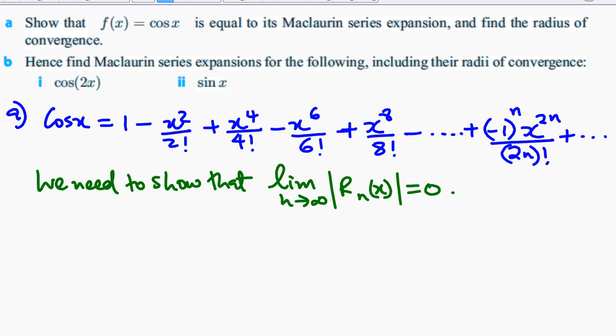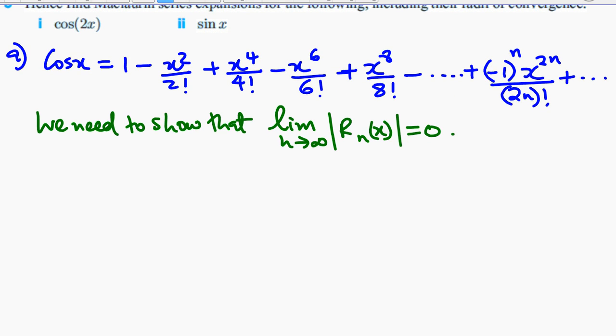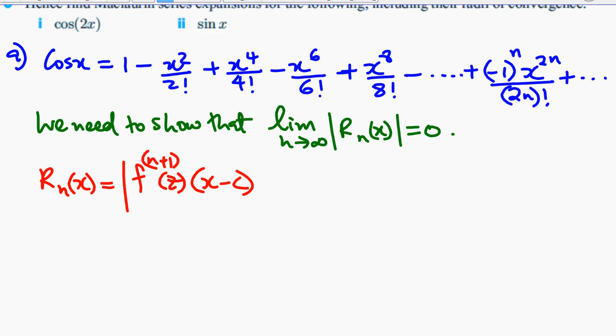So what you're going to do is write an expression for the remainder term. The remainder term is given by the n plus 1 derivative of f at z multiplied by x minus c to the power n plus 1 over n plus 1 factorial.